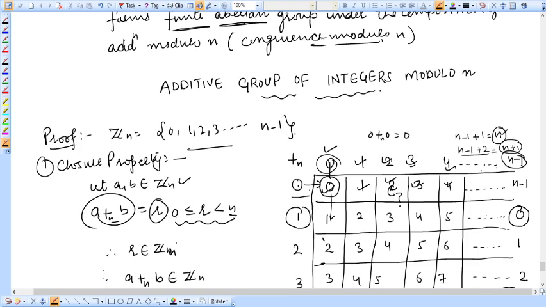If you construct the full table, we just left some spaces in the middle, like if you write n minus 2 here, then 0 would be here, right? So in that case 2 will be the inverse of n minus 2, or n minus 2 is the inverse of 2.